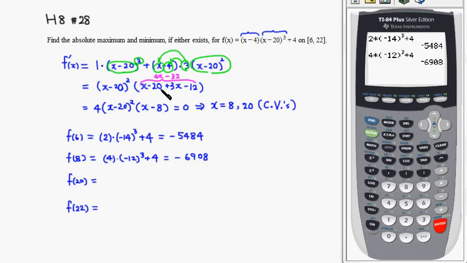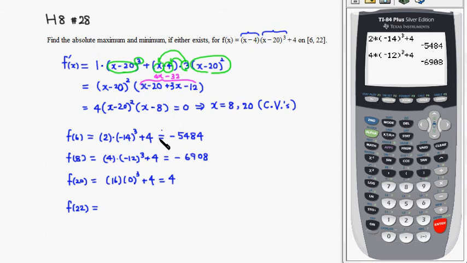And 20. If you plug in 20, you can see that 20 minus 20 is 0. I'm going to write it anyway: 20 minus 4 is 16, and you get 0 cubed plus 4, which is going to be 4. And 22.